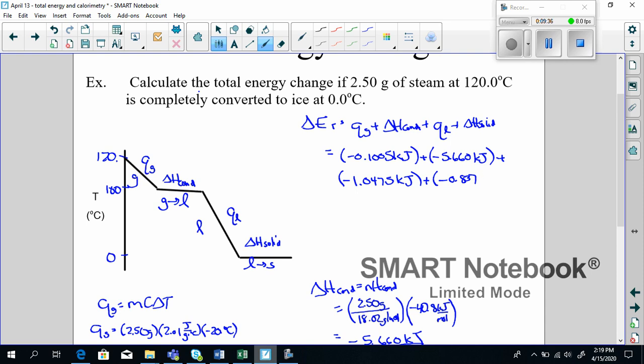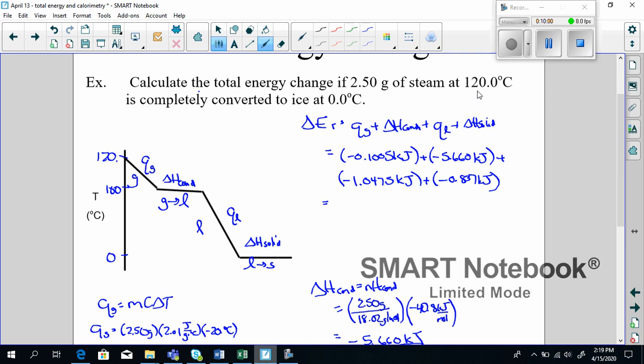So when we go through this, one thing you always want to remember with a cooling curve question is all of your values should be negative. So yesterday in heating curve questions, we said every value is positive and our final answer is positive. But with cooling curve questions, every step should be negative, and then our final answer will be negative. So here we have 3 significant figures in our answer because we have 3 in this measurement.